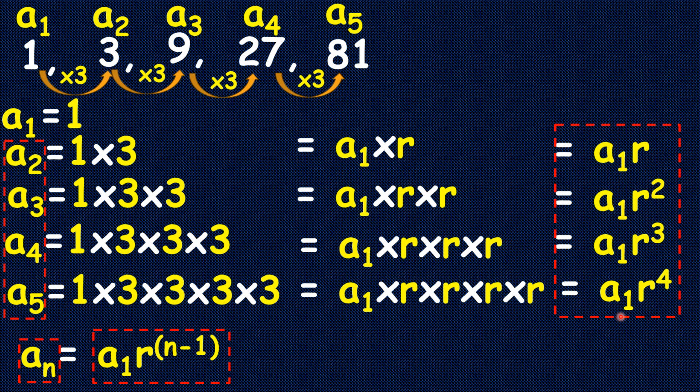A1, that is the first term, multiplied by r raised to power 4. So our general equation, which is what we need to put to heart, which should come in handy, is A subscript n, that is the nth term, equals the first term times r raised to n minus 1.